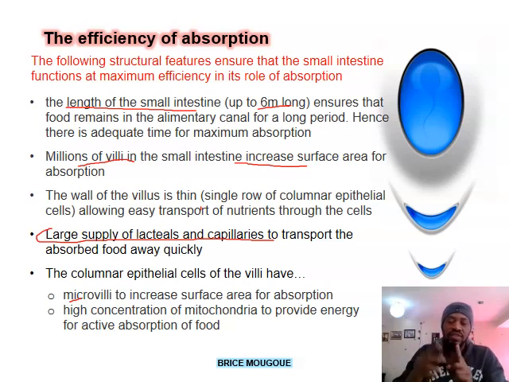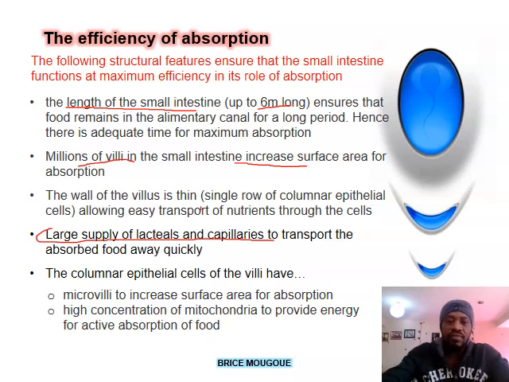These secondary villi are smaller, and hence we call them microvilli, which are present on the surface of the villi themselves or on the walls of the columnar epithelial cells of the villi. Each of these microvilli does the same thing as the big villi do. They are also there to absorb. So each one is participating in this absorption. At the end of the day, we have a large surface area for absorption.